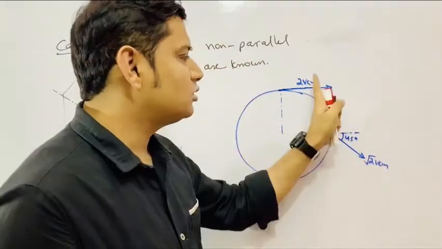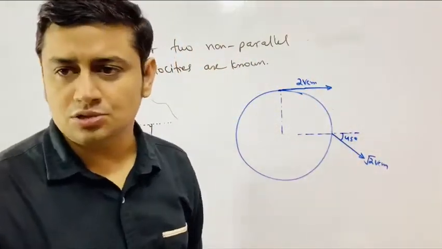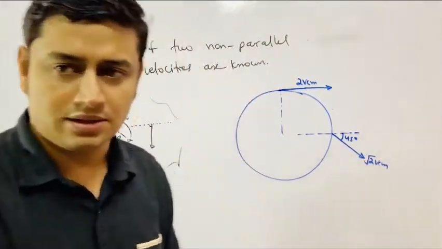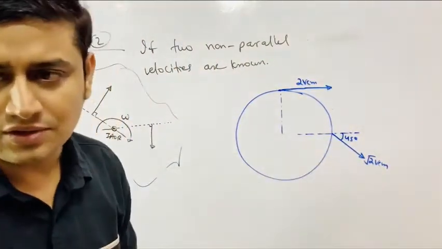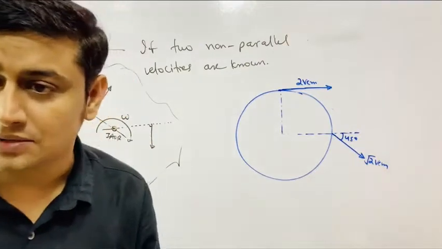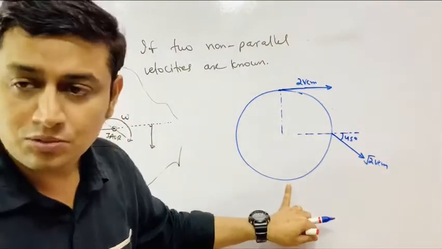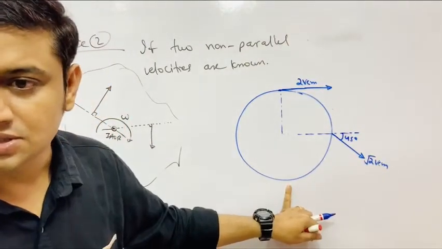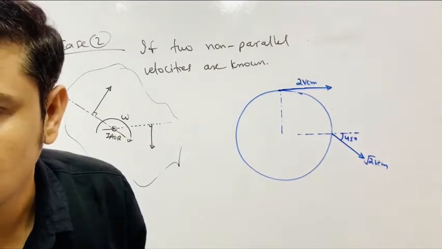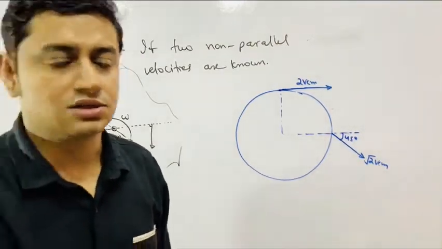Anyway, this magnitude in this case does not matter. Only direction matters. These two are non-parallel velocities. I know that the bottommost point was the instantaneous axis of rotation.